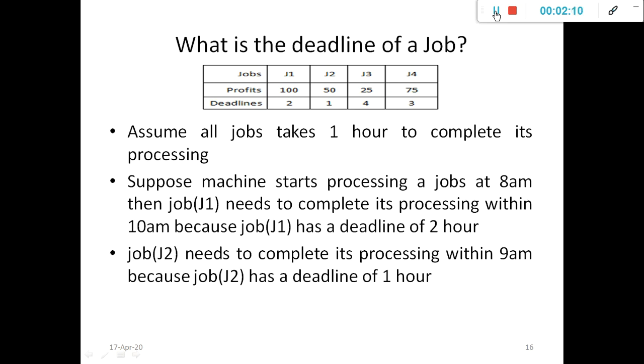Similarly, job J2 will finish its processing within 9 am because job J2 has a deadline of 1 hour. Similarly, job J3 is ready to wait up to 12 pm and job J4 will be ready to wait up to 11 am.